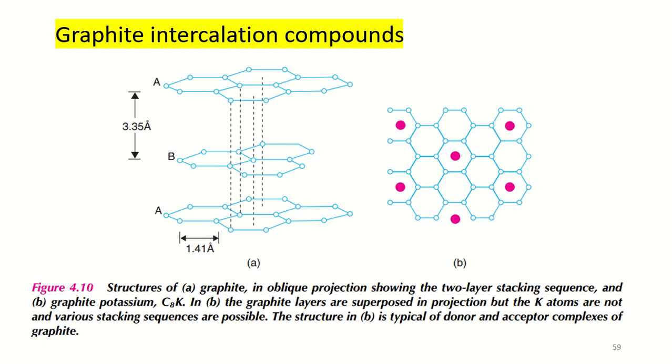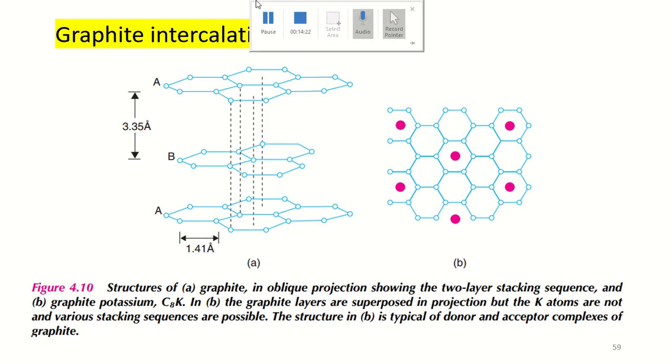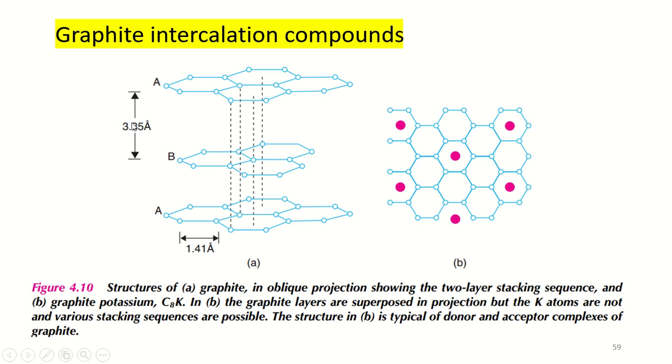The next one is the graphite intercalation compounds. Graphite is a classical example of a host crystal capable of intercalating a wide variety of atoms, ions, and molecules.